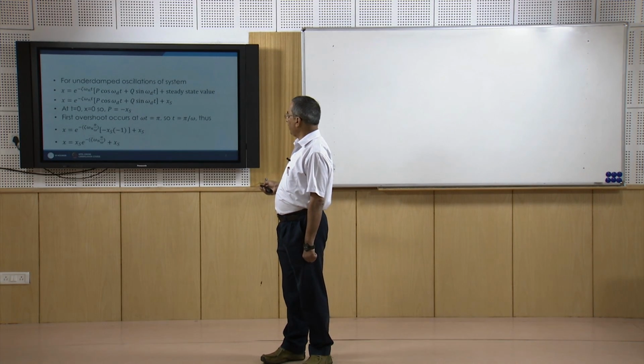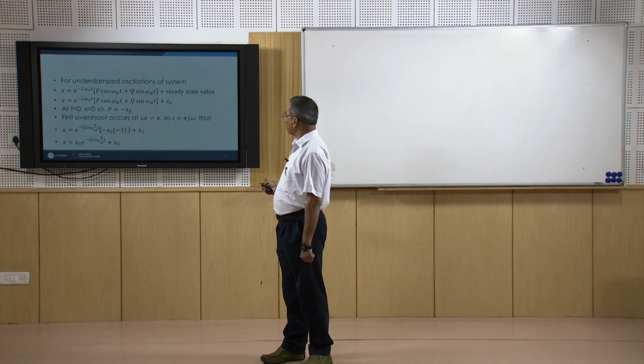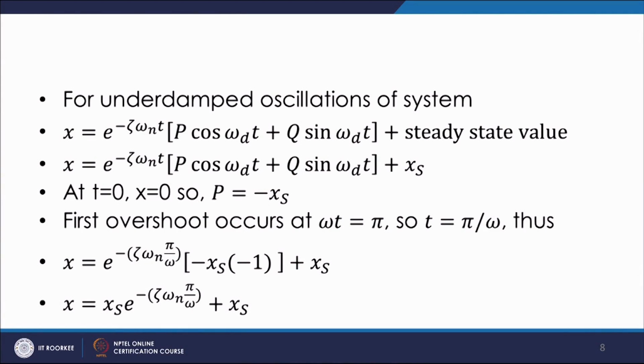So I can write the expression for t as pi by omega, and if I substitute this value of t in this expression, I get minus zeta omega n pi by omega. Here p is minus xs, this value becomes minus 1, and this value becomes 0, plus xs.